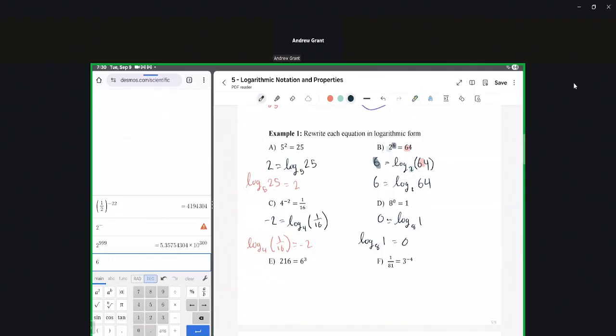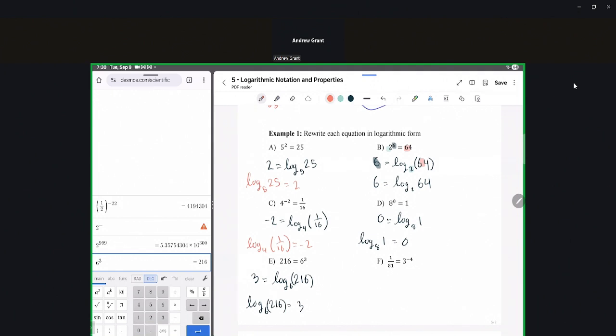It's worth checking and confirming: yes, 6 to the power of 3 is 216. So here, 3 is equal to log base 6 of 216. Again, if you want, you can put brackets around it, or we can say that log base 6 of 216 is equal to 3.